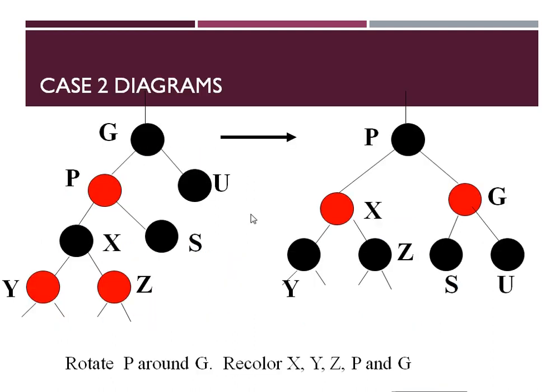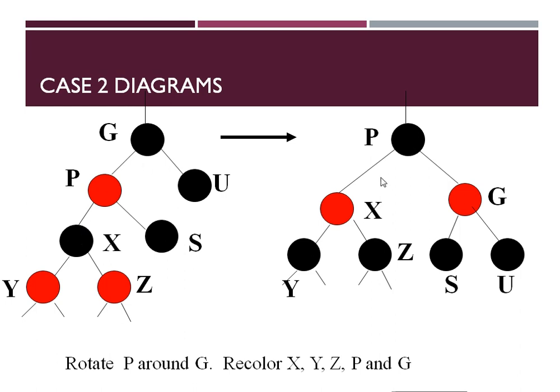So here these must be recolored. In this case, we'll try to understand this with the help of diagrams. See, this was our scenario. After recoloring and rotation, what happened? We rotated, right? So we considered these three in rotation. And we know the property of rotation, that the middle node becomes the root node, whereas the parent becomes the right child if we are doing rotation in the right direction, and this will become again the left child.